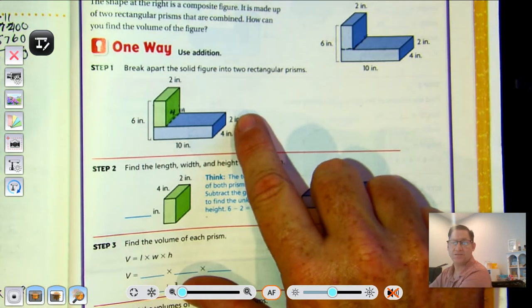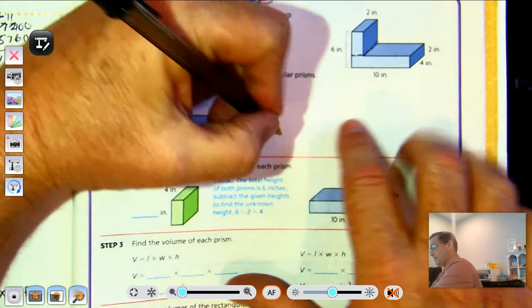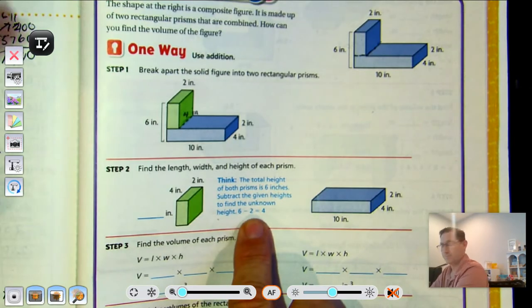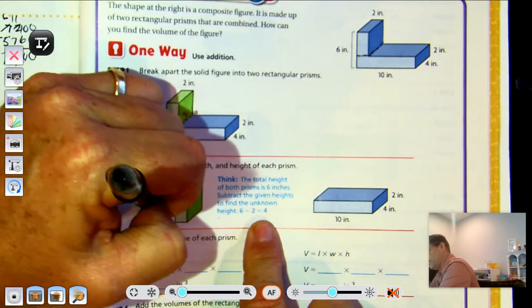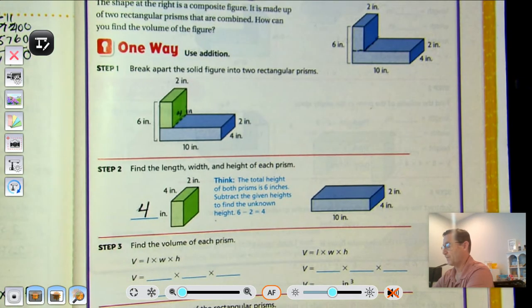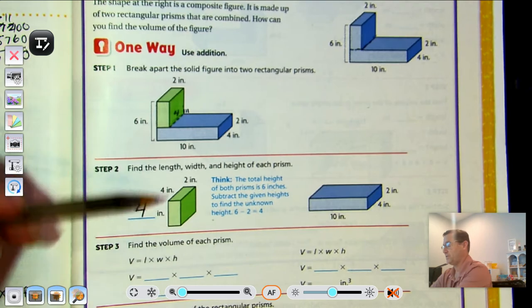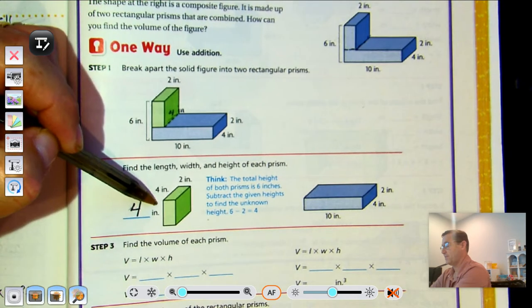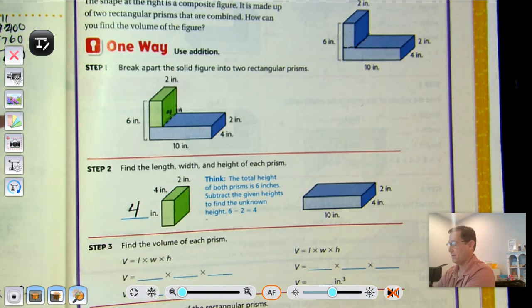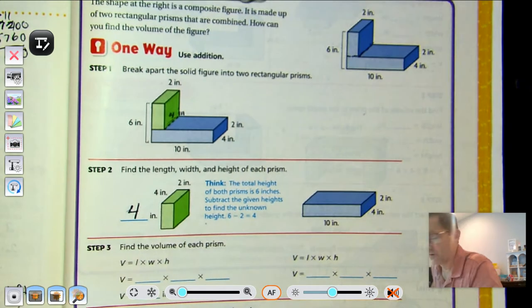Well, the height is 2 inches, right? So we can simply do 6 take away 2. So 6 take away 2 is 4 inches. Okay, so we know the height's 4 inches, the width is 4 inches, and the length is 2. All right, so now we have the dimensions of both the rectangles.